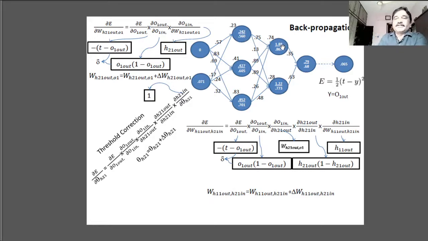How is that weight specified? Out of this neuron connecting to the in of this neuron: H11 out, H21 in.